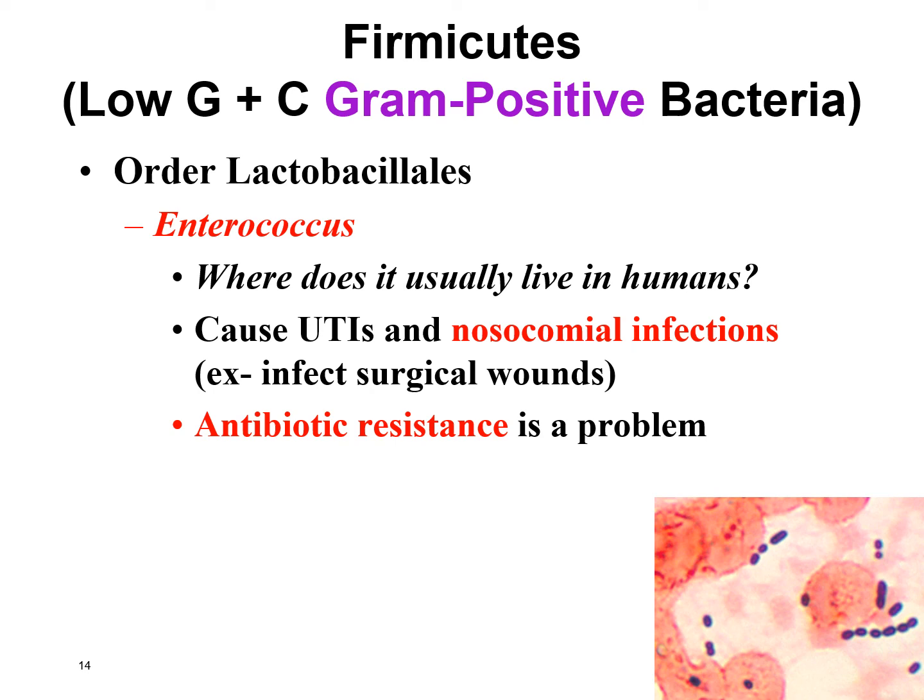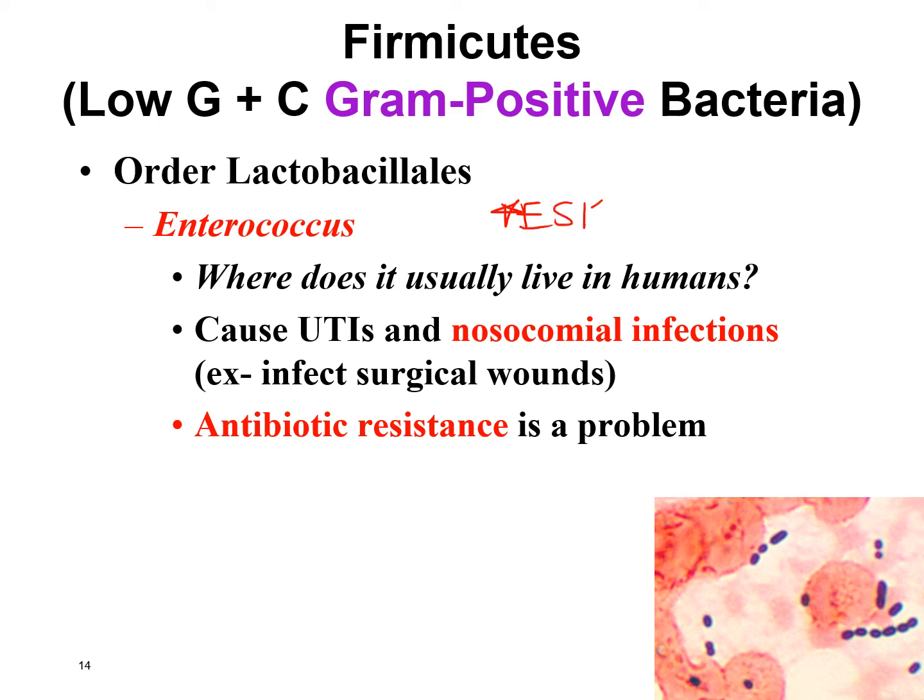Our next low GC gram-positive bacteria is Enterococcus, and looking at the name, we have entero. Remember that means intestines, so it's normally living in the GI tract. And remember that Enterococcus is one of our ESCAPE pathogens.